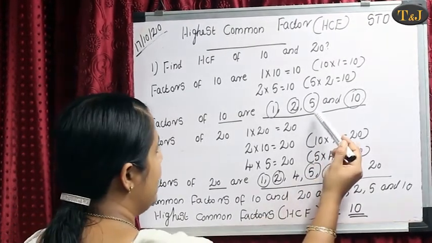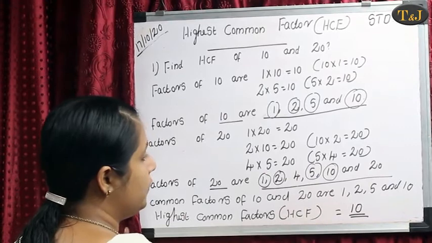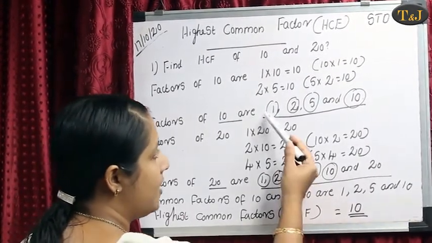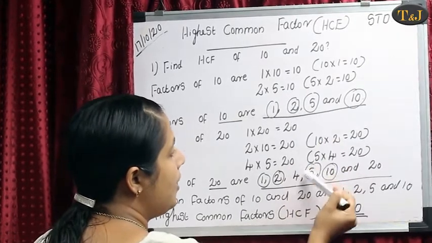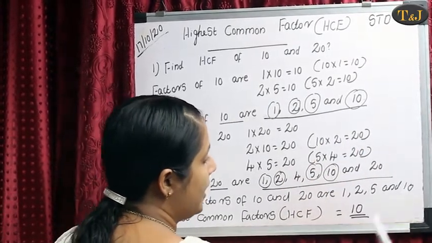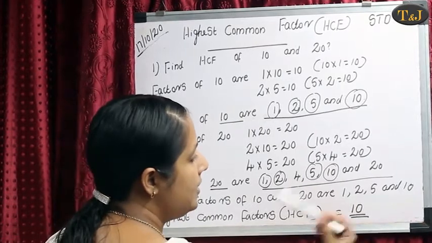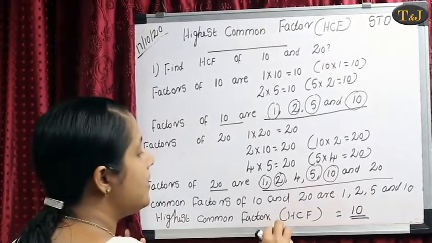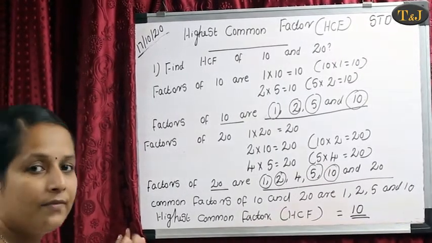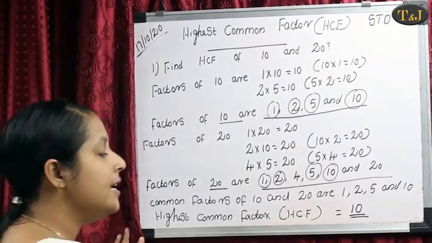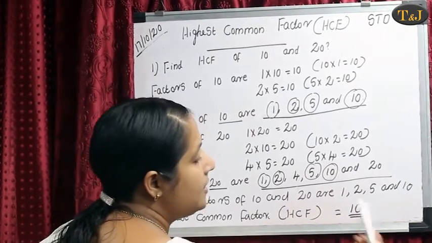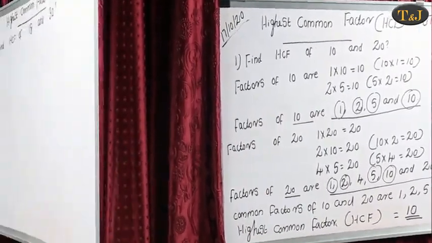That means some numbers are common in the factors of 10 and the factors of 20, so we select those common numbers: 1, 2, 5 and 10. At last we find the highest common factor, which means the biggest number among the common factors. Here the biggest number is 10. So our HCF equals 10.